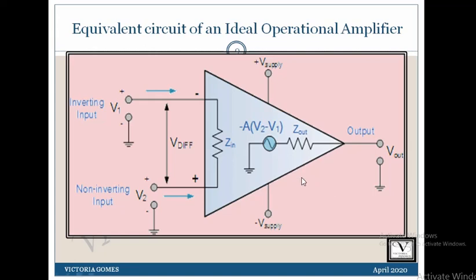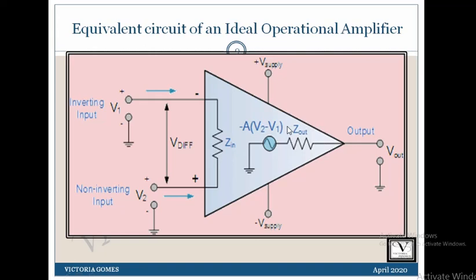Over here, in an ideal op-amp, there are a few things you have to remember. An ideal op-amp is characterized by the following features: the input impedance must be infinite. The output impedance must be zero.